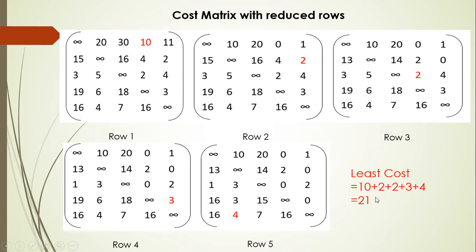So here we are getting 21 for reduced rows. So what we are doing here, we are finding out the least cost from each row, and then we are summing up all those costs, and then we are getting the least cost for all reduced rows.